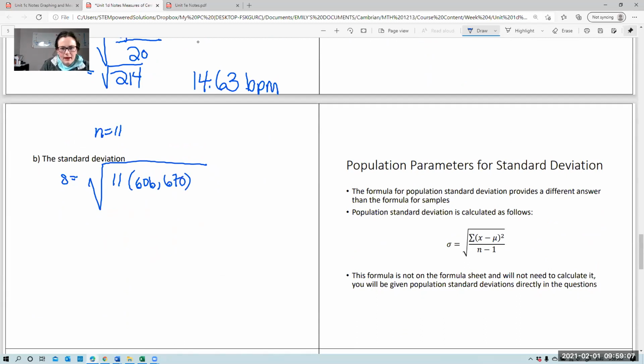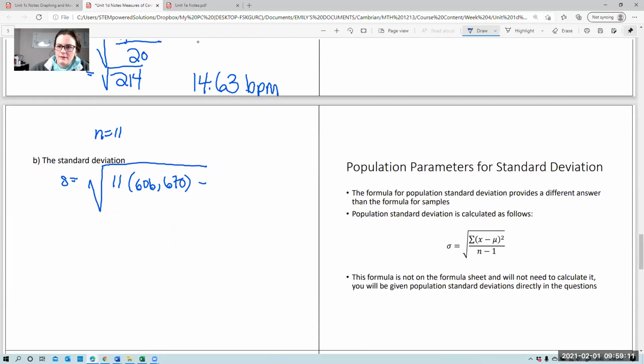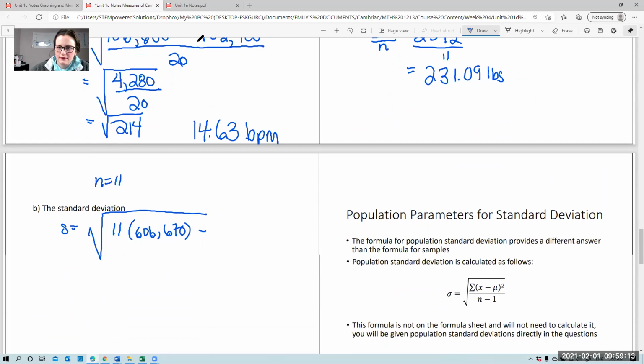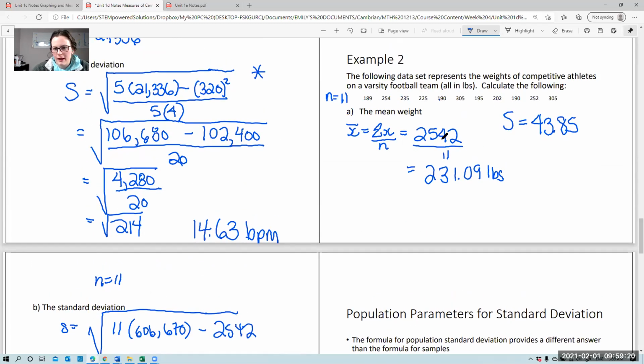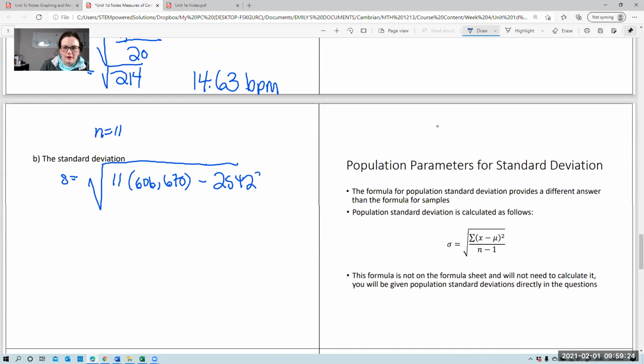Minus the sum of all x's, which is 2,542. I did that calculation over here to get my average calculation, and then I'm going to have to square that, over 11 times 10.